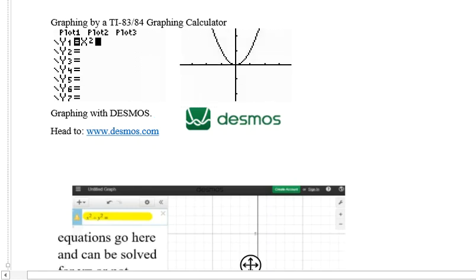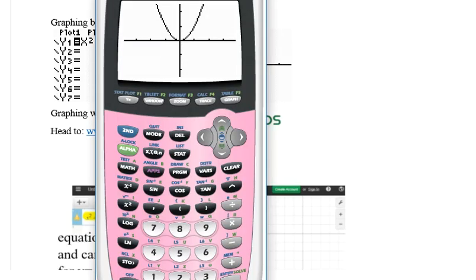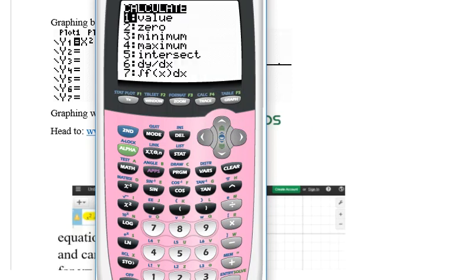And I get the same kind of shape I got by plotting points. Couple of cool things. I can hit trace and it follows along where the curve is. I can also do second trace. That gives me the calculate menu.